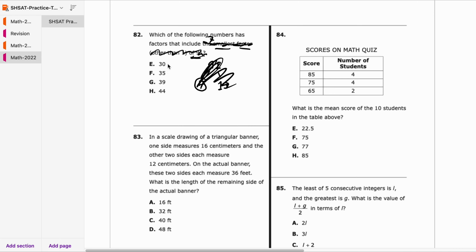Well, 30 is not divisible by 7, right? 30 divided by 7 is not an integer. So 7 is not a factor of 30. And similarly, 7 does not divide 39 or 44. But 35 divided by 7 is 5. So 7 is a factor of 35. So it would be F.